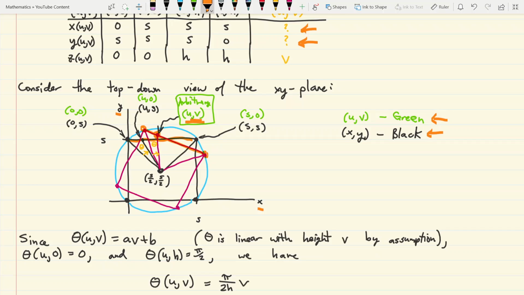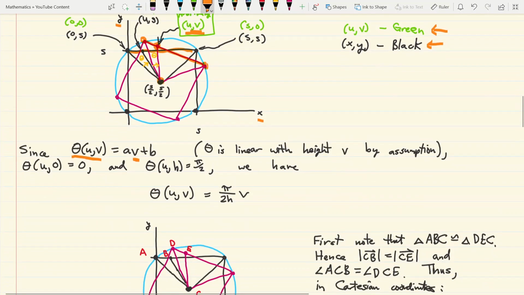You can think of this as rotating about this central point, which is in x, y coordinates, s over 2, s over 2. And the way we are rotating is just as you increase height, the angle changes linearly with height. That was our assumption. So you can think of this theta function, depending on UV, as just a linear function of V. All right. So we want to figure out what a and b are in this case.